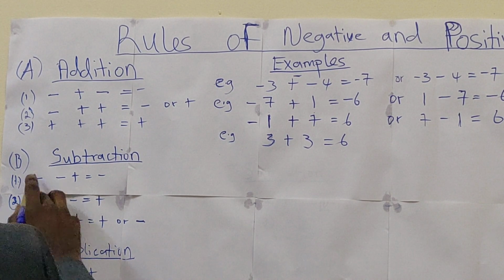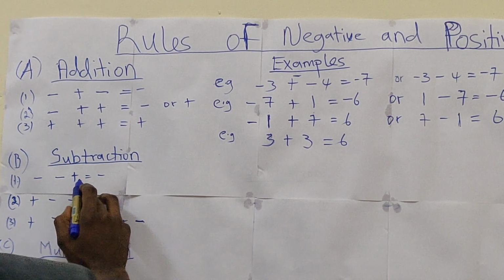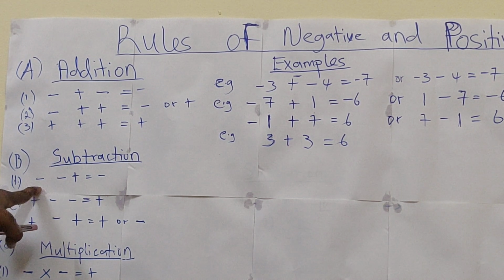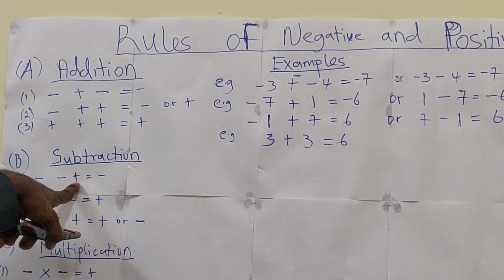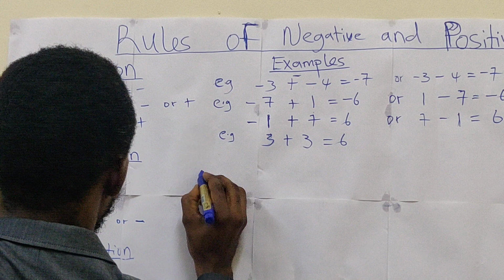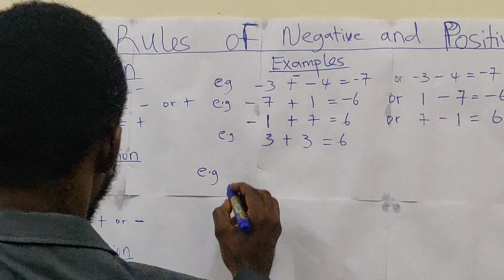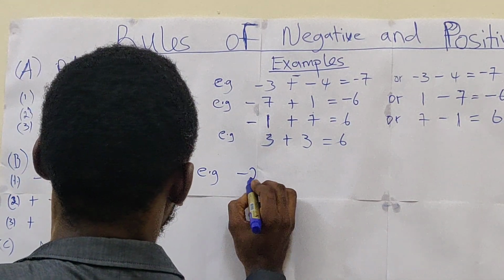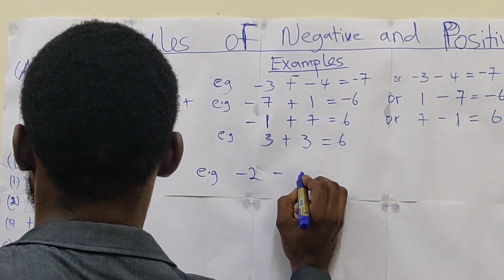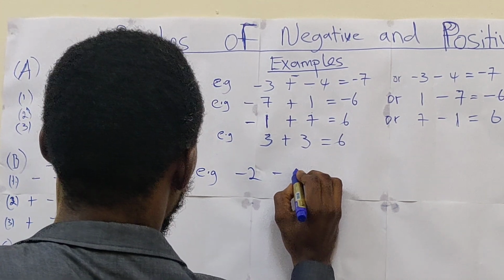In subtraction, we start with the first one, negative minus positive, which is equals negative. When a negative number is subtracting with a positive number, it is negative. For instance, negative 2 minus 1.